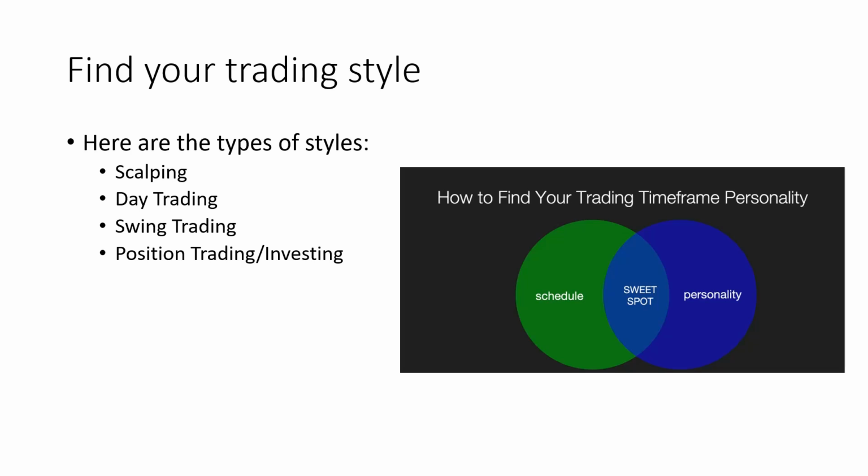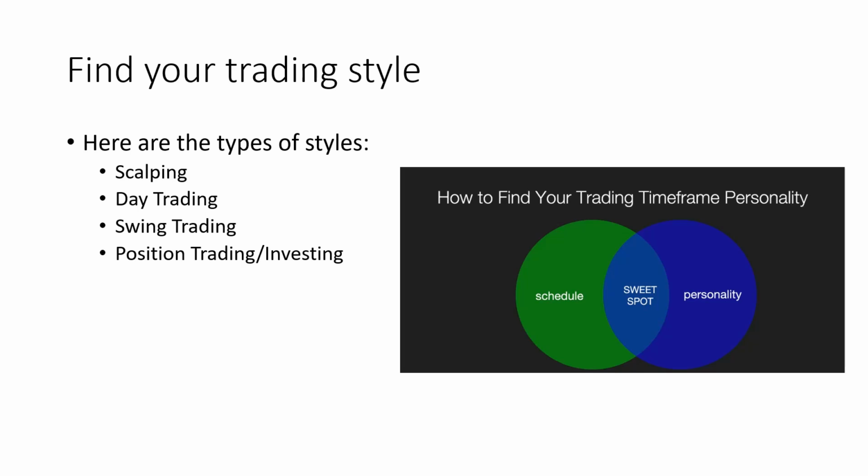Swing traders, these are people who have patience. They can wait for a trade to play out a couple of days, couple of weeks, couple of months, and they almost always hold their trades overnight. And that's great. I know very many successful swing traders. It fits their time frame, it fits their schedule. That's their sweet spot. Position traders are investors.